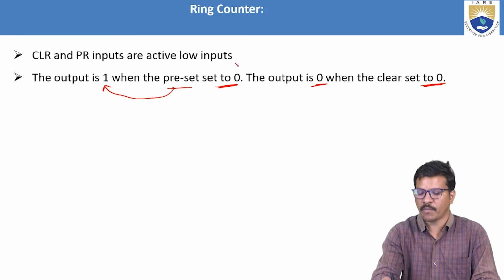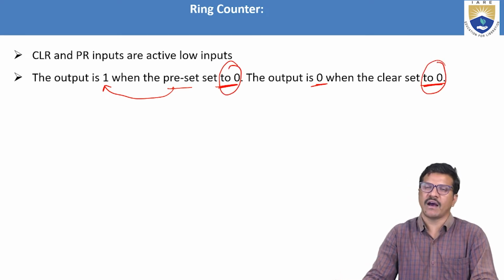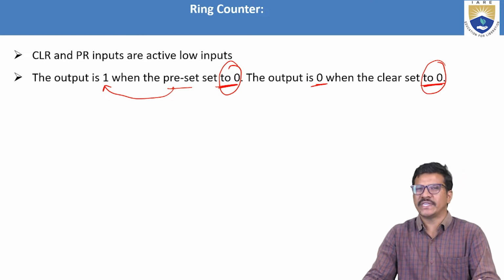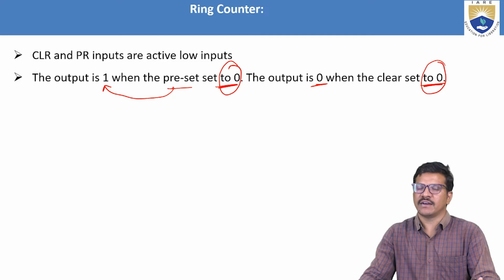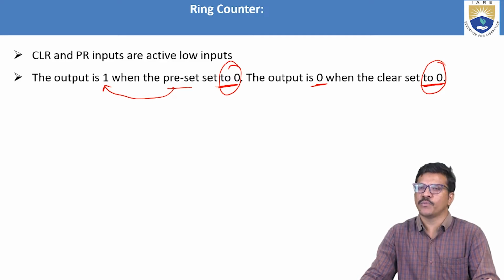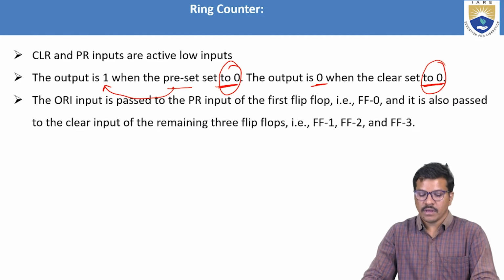So each time we are providing active low inputs, logic 0, to the preset or clear. If you want to preset all flip-flops, we need to provide 0. If you want to clear all flip-flops with a 0, then we need to provide 0. The ORI input is passed to the preset input of the first flip-flop.